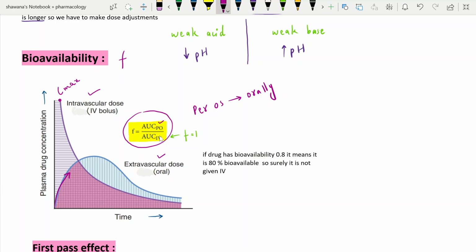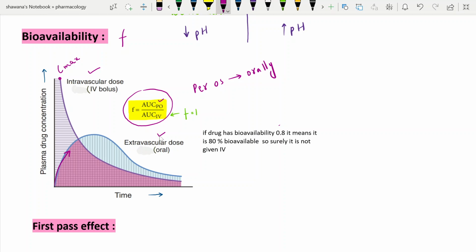For example, if the drug has bioavailability 0.8, it means that 80% of the drug is bioavailable and 20% is destroyed or diminished because it passes through the first pass effect. IV is not affected because IV has bioavailability 1.